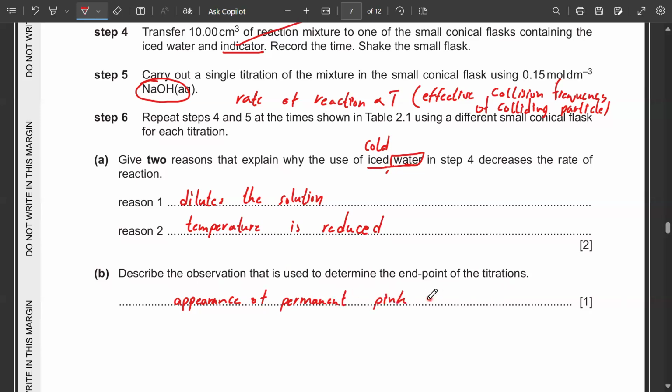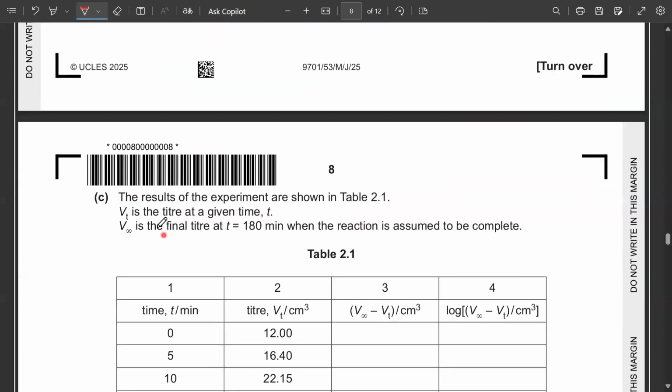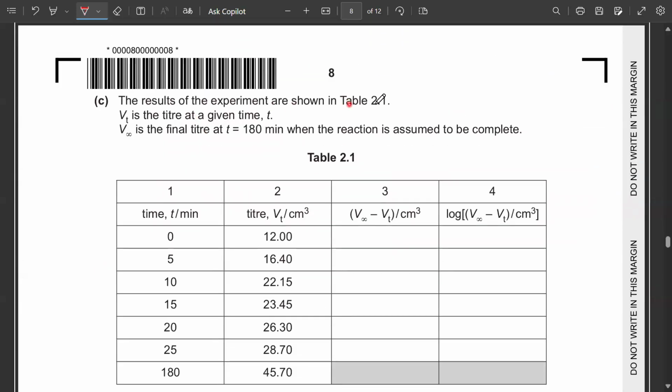Is that clear? Okay, then next part C. The results of the experiment are shown in table 2.1. Vt is the titer at a given time t. V infinity is the final titer at t equals 180 minutes, when the reaction is assumed to be complete.